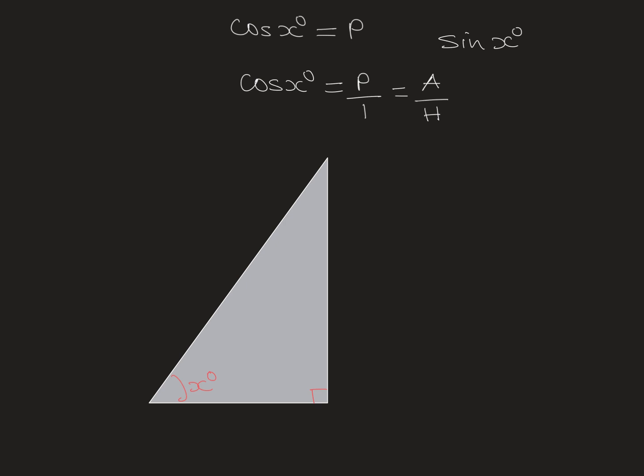That will be p, and the hypotenuse will be here. So to find sine of x degrees, which we know is opposite divided by the hypotenuse, it means that we need to know this side, okay, because that is the opposite and it is not known yet. So let's call this side y.